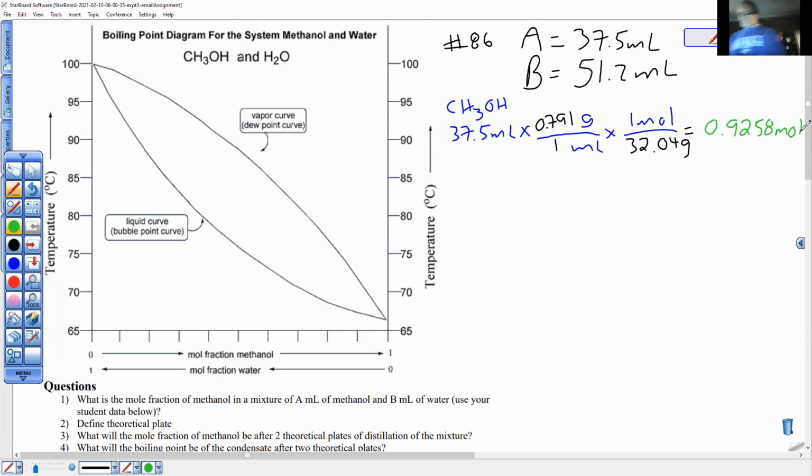That's methanol. Water, we don't really have to do the research on water because it is my hope that you know the density of water is 1 gram for every milliliter. We should know that for the rest of our lives. So many things are based on water.